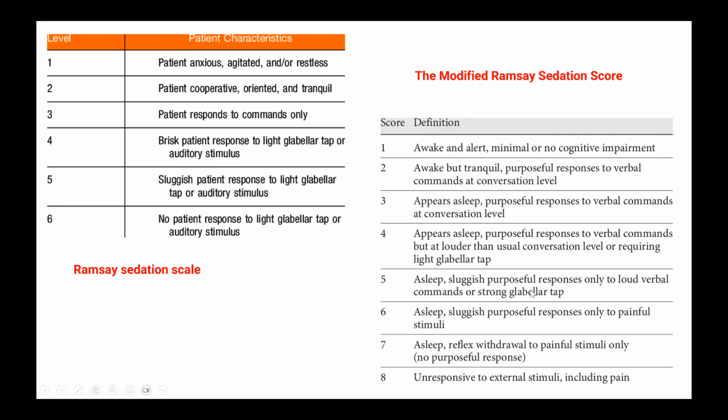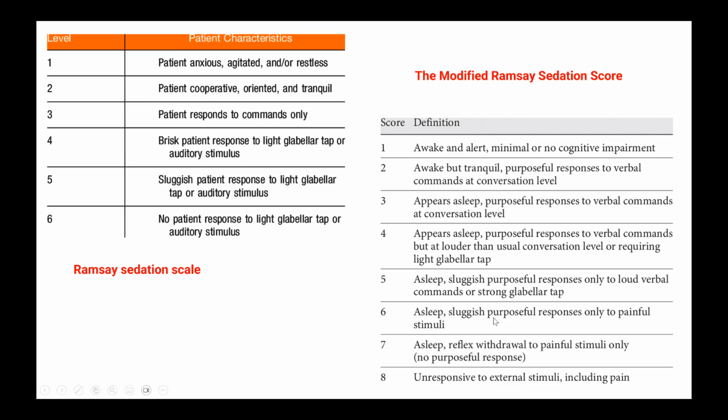So in this modified Ramsay sedation score, if you see, initially the level of voice or the command that we make is like a usual conversation. You may not have to shout or raise your tone or voice to communicate with the patient. But in the 5 and 6, you can see that there is a requirement for loud verbal commands. So you have to go for a louder voice to get a response from the patient.